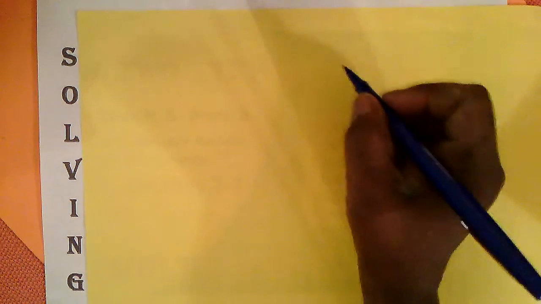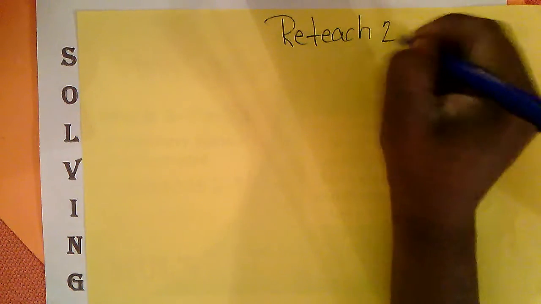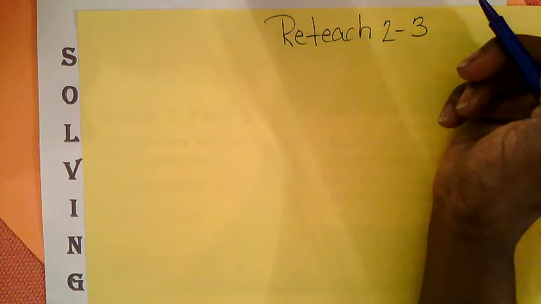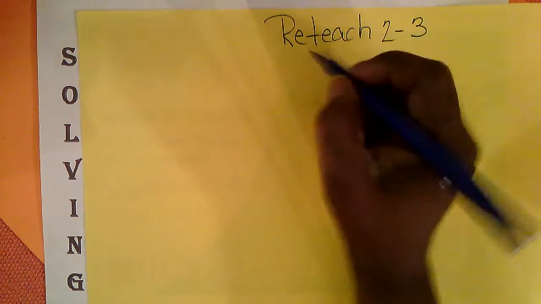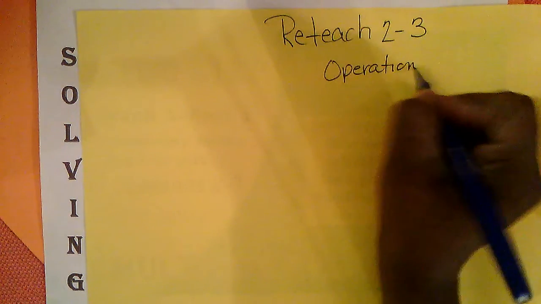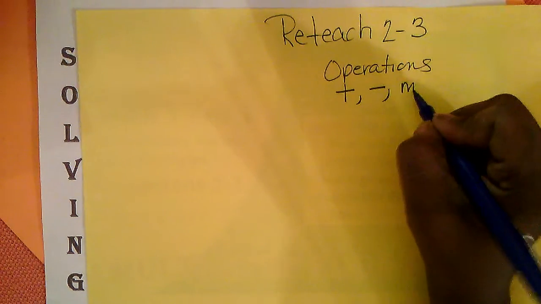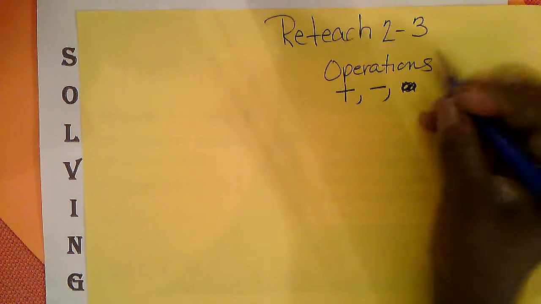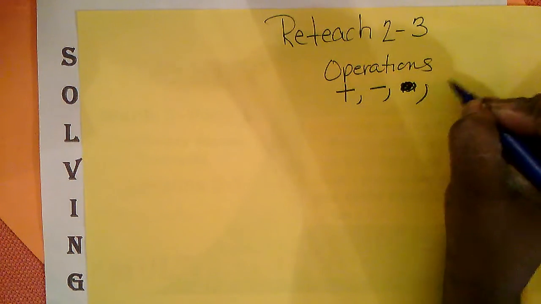So looking at our reteach assignment, which is 2-3, just looking at the details that are detailed out for us, it discusses operations, which are adding, subtracting, multiplying, which is our dot symbol, and division.